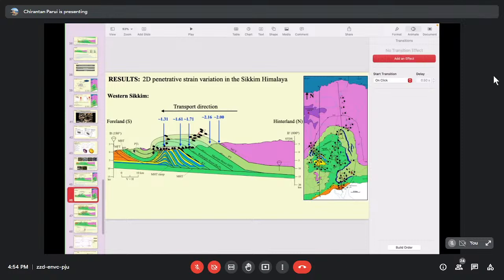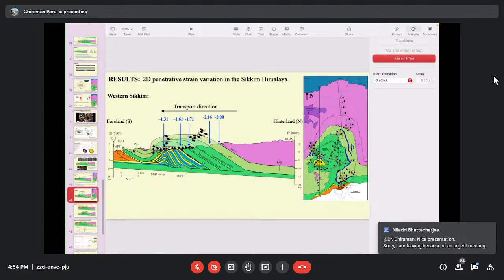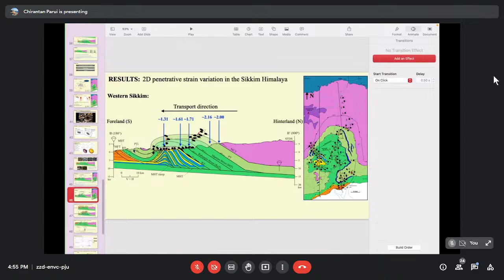So in terms of how the wedge behaves, it makes a taper, and it forms a topographic slope, and you have a decollement, and then the way critical taper is being explained. So that is also there.